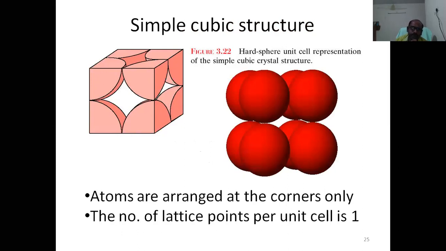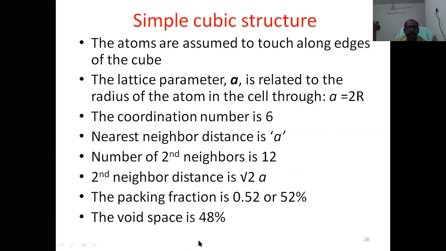We are seeing 3 nearest atoms, and we can imagine 3 more in the opposite directions. Totally we get 6, and the nearest neighbor distance is a.